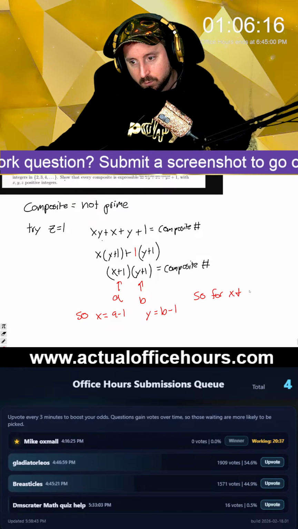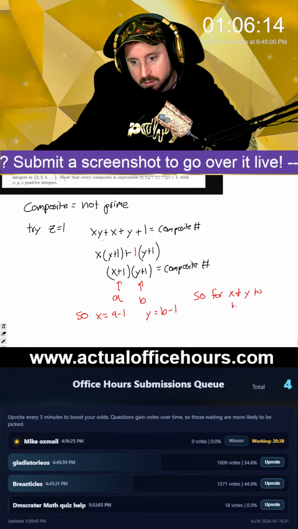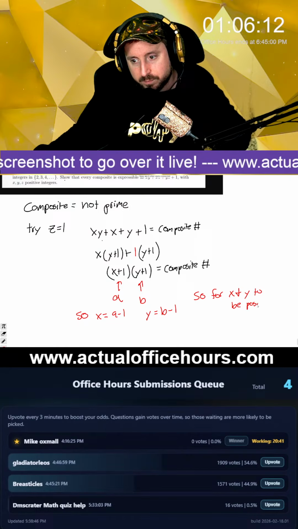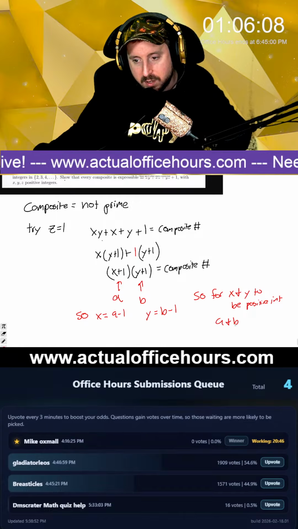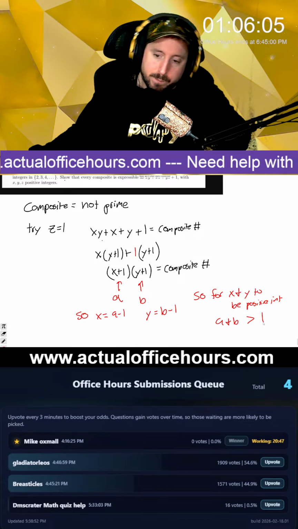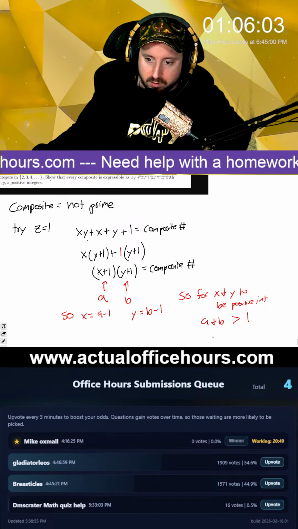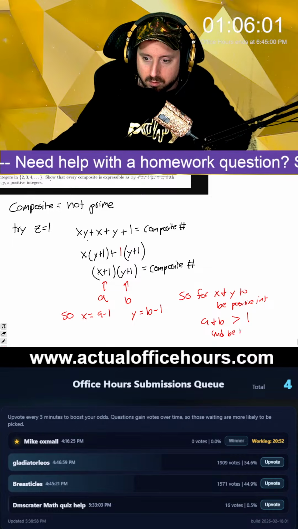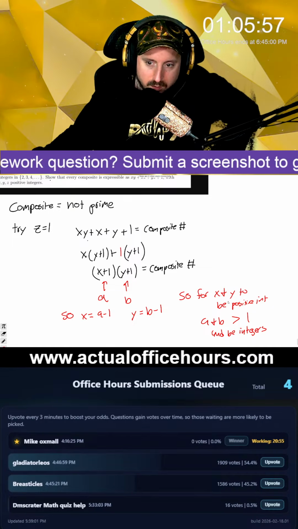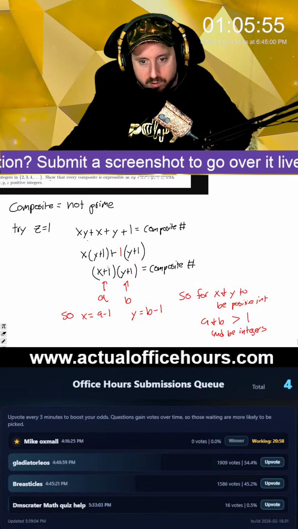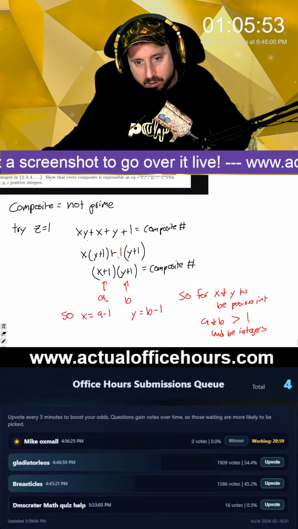So for x and y to be positive integers, a and b must be greater than 1 and also be integers. Indeed they are, because that's what the problem says: this times this is a composite number.